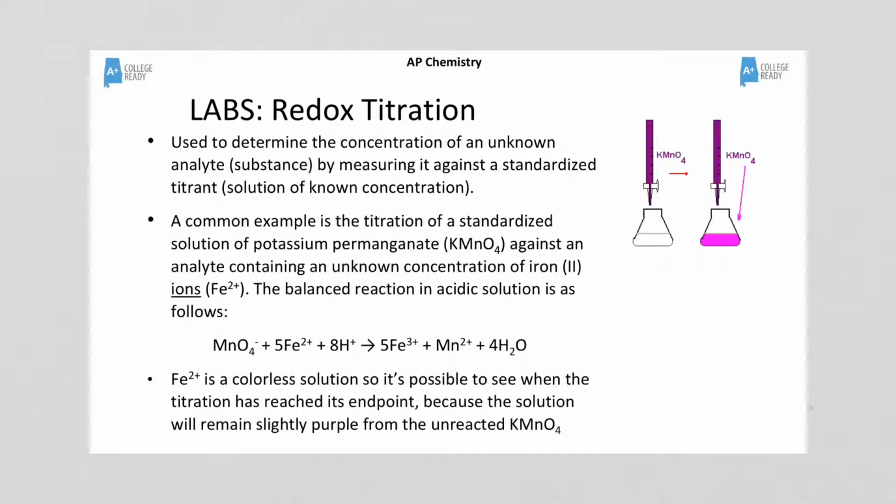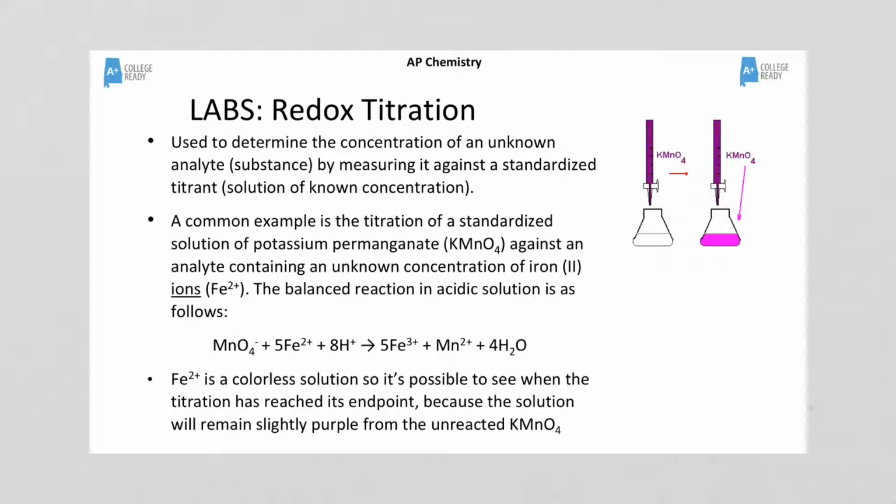Here is a redox titration. This is just a common example. I gave you the permanganate ion plus the iron 2+ ion reacting in an acidic solution. Typically here, it's a question where you need to use a mole ratio.